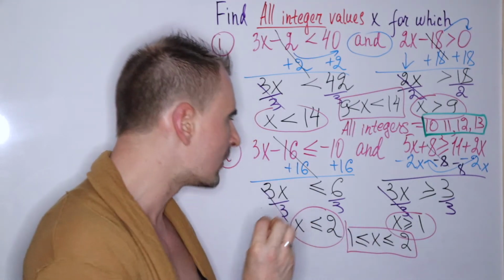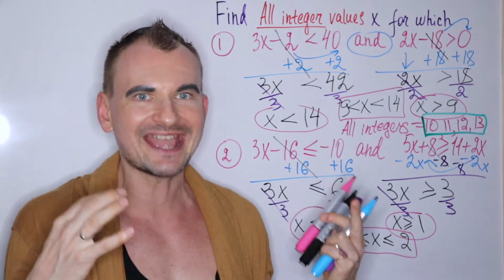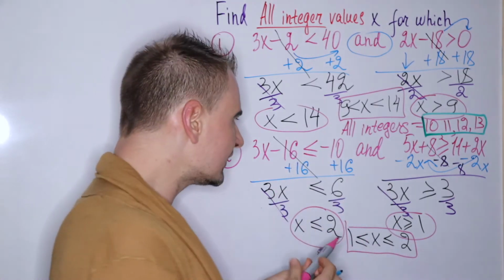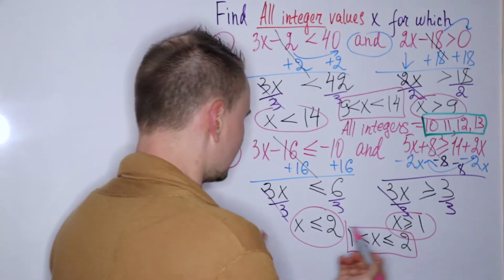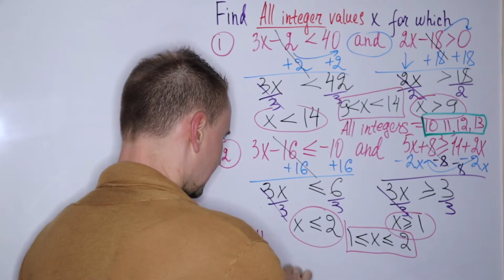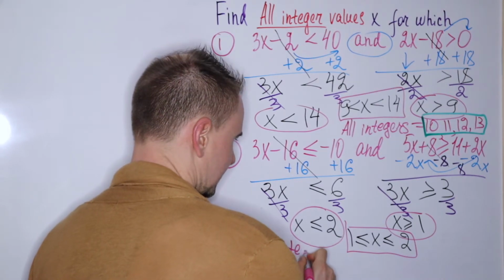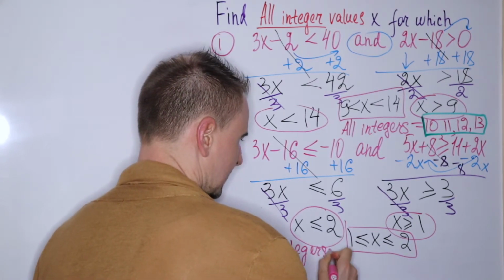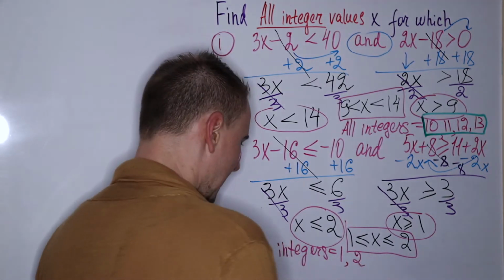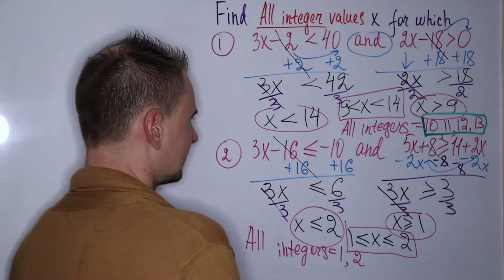Both 1 and 2 belong to this solution set, and between them you don't have any other integers. So all integers is just 1 and 2, and that's the answer for that problem.